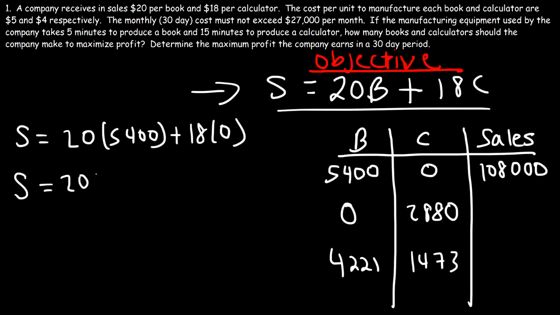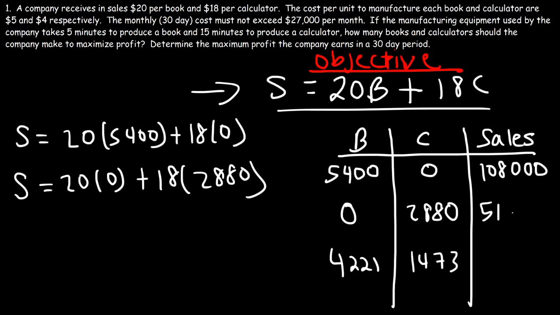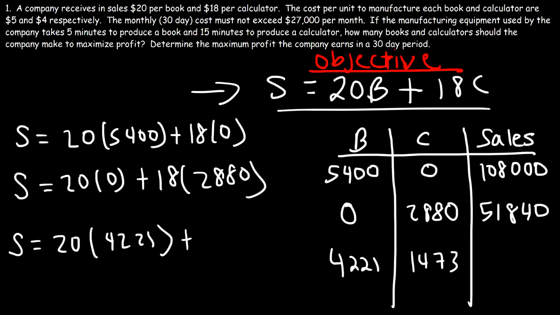That's when B is 0, but C is 2,880. So that's going to be $51,840 in monthly sales. And for the last one, B is 4,221 and C is 1473.